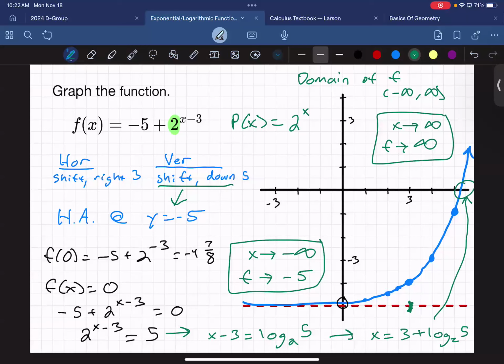Now, how do we know it should be in that area? What number that is a power of 2 is 5 a little bit more than? What are some powers of 2, y'all? 4. If I kept going, it'd be 8. Well, isn't 5 just a little bit bigger than 4? So log base 2 of 5 is going to be 2 point something, because it's got to be a little more than 2. What's 3 plus 2?